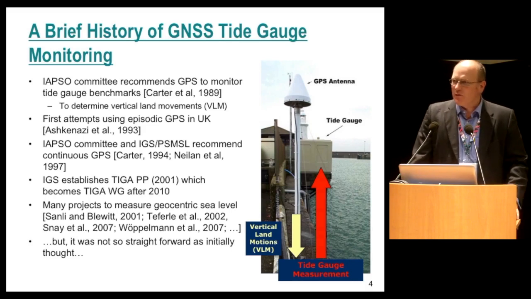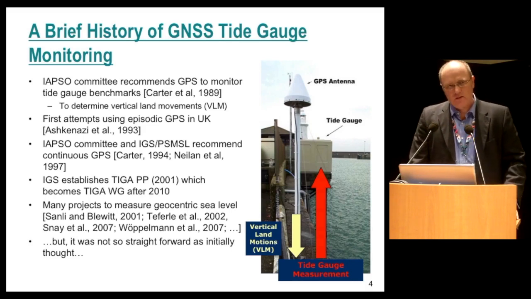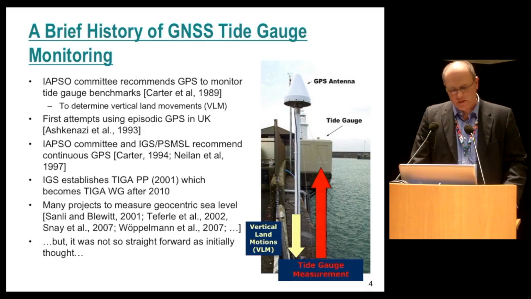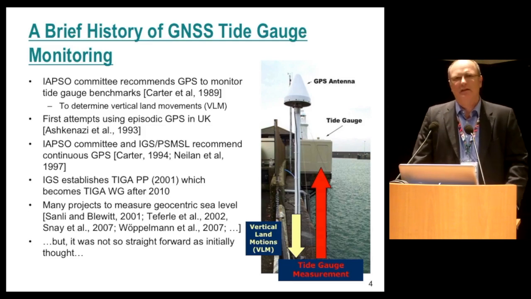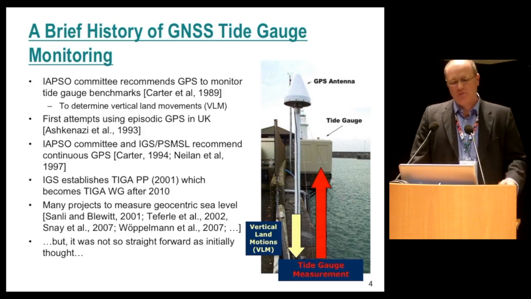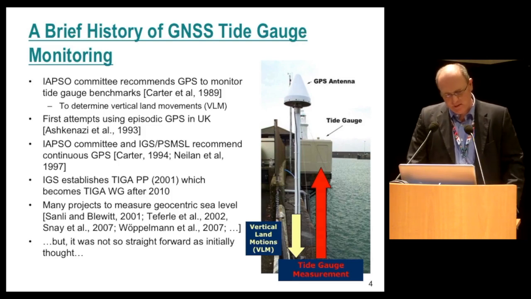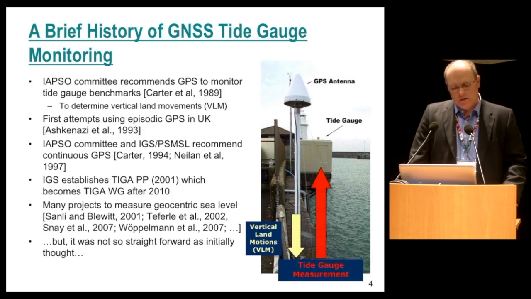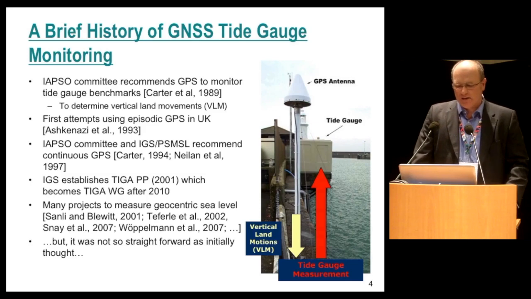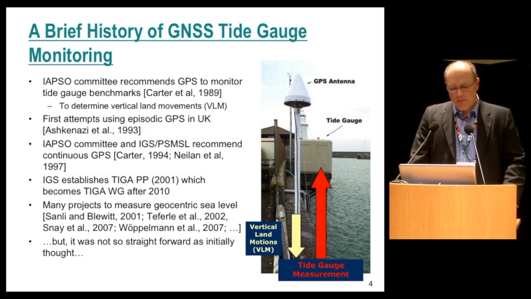After that, there was a first attempt of doing so in the UK, and it was published in GRL in '93 by Ashkenazi et al., using episodic GPS campaigns. So we now know as well that, of course, episodic GPS measurements are not ideal for the long-term monitoring, especially of the vertical component.